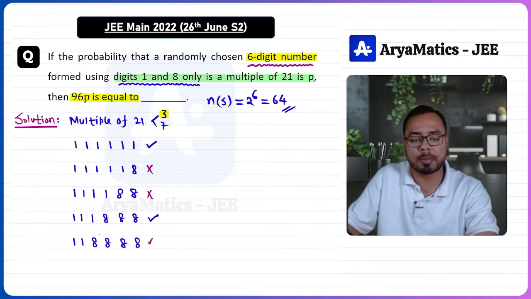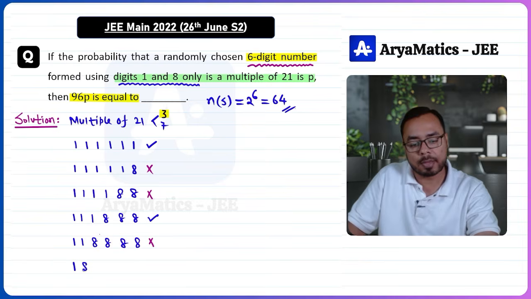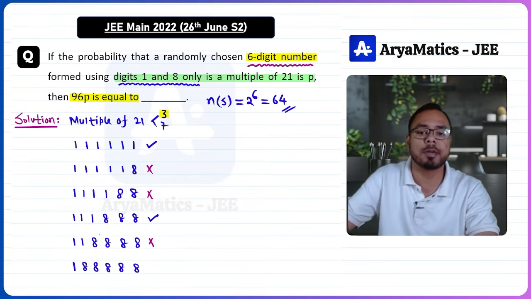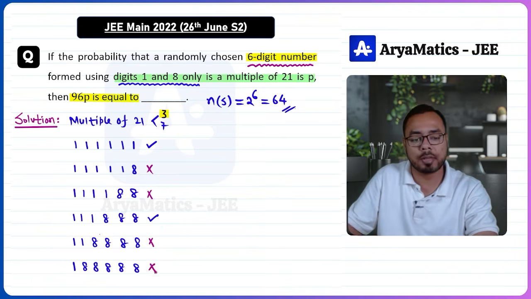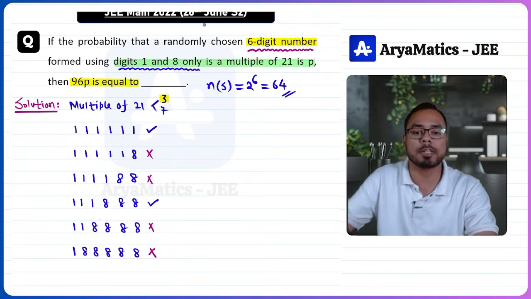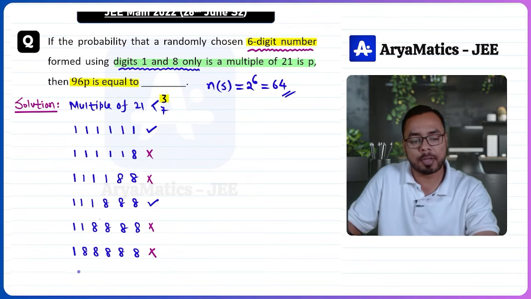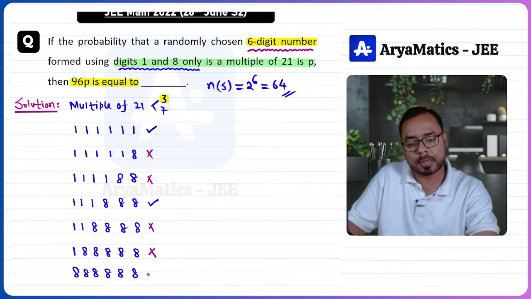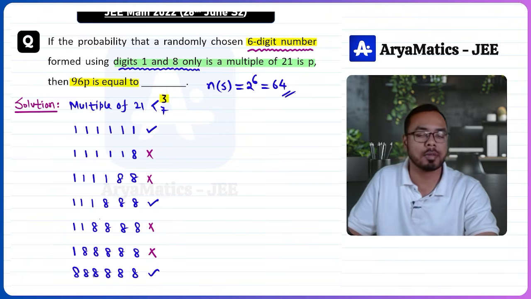Again, the sum is not a multiple of 3, so the number is not a multiple of 3. Next possibility will be we can have 1 one and 5 eights. Sum of digits will be 40 plus 1, 41. So again, the number is not a multiple of 3. And finally, the last possibility will be that we can use all 8s, right? We can use 6 eights. In this case, the sum of digits is a multiple of 3, and therefore the number will be a multiple of 3.